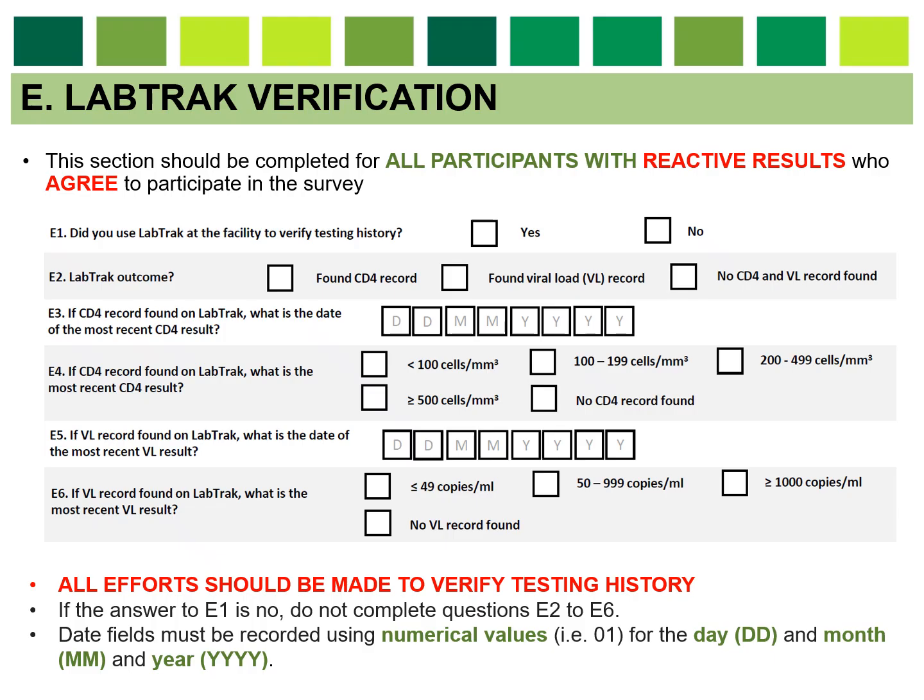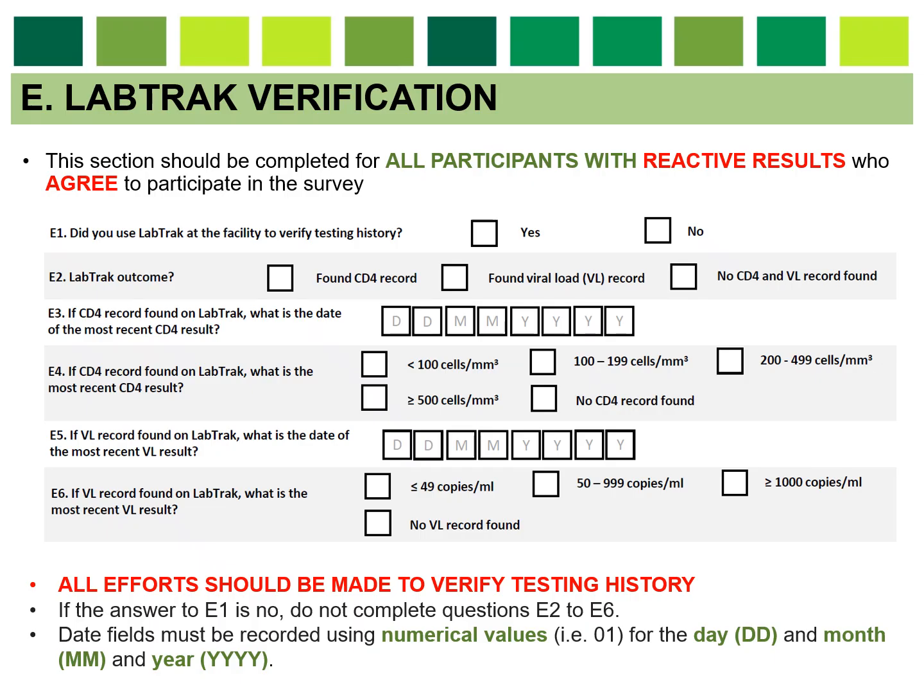So for E1, we need to know, were you able to access lab track at the facility? If you were, then E2, did you find any results or were there no results? Section E3 and 4 are regarding CD4 results. If there are results, we need to know the date of the result and which of the categories it fit in. And then section E5 and 6 is related to viral load.